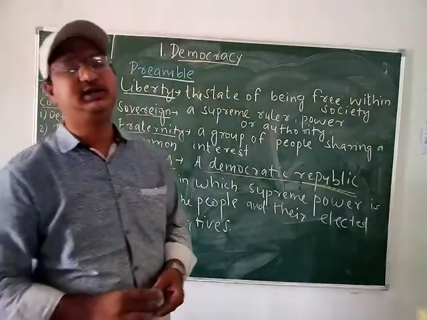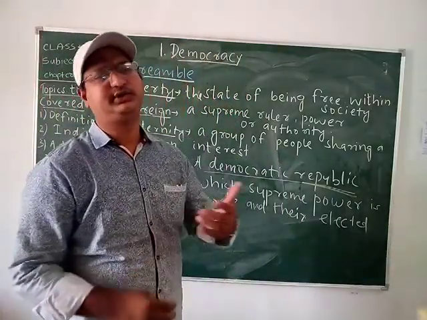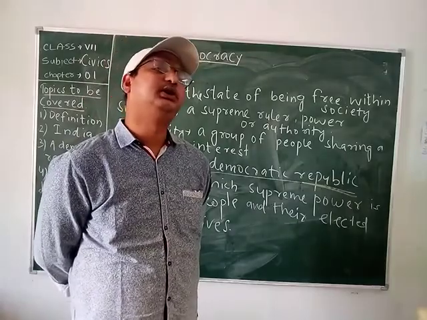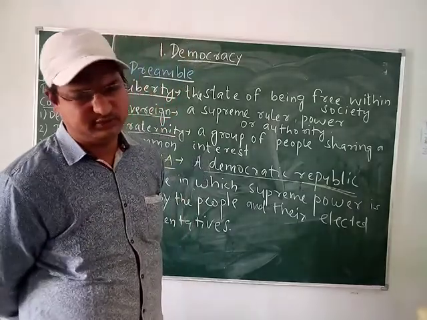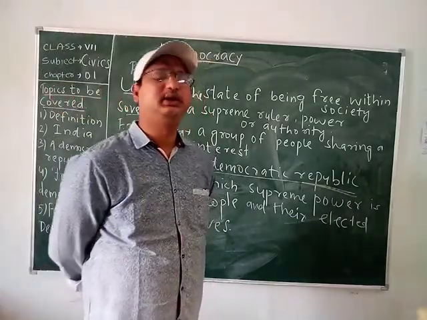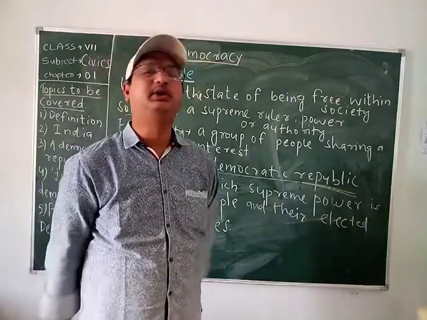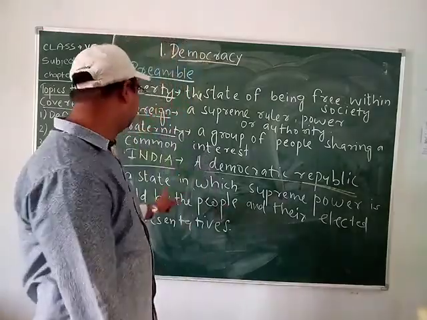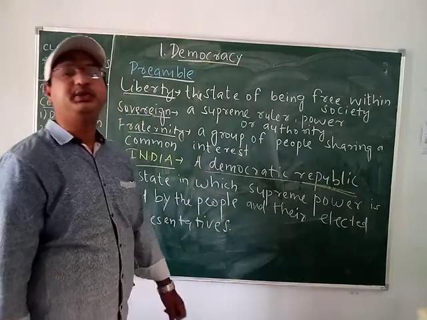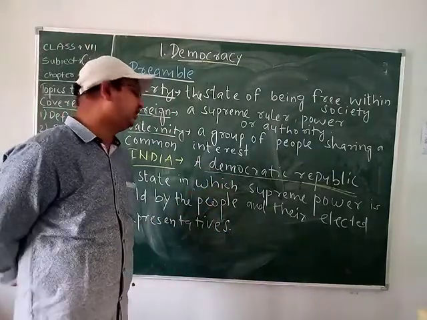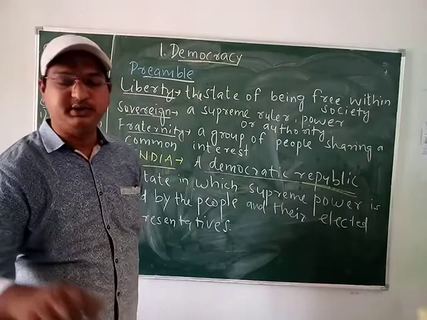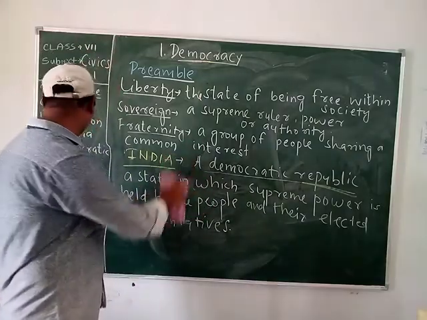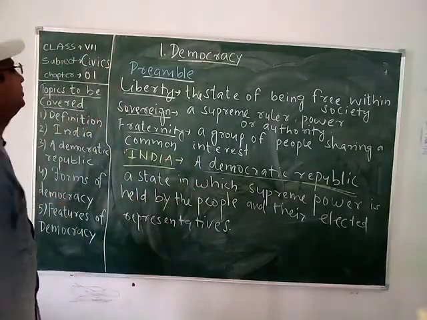Therefore, the preamble is written in our Constitution of India, enacted on 26 November 1949. Then after three months, our country became a republic. The meaning of republic is a state in which supreme power is held by the people and their elected representatives. Students, then we will move to the next topic, the forms of democracy.